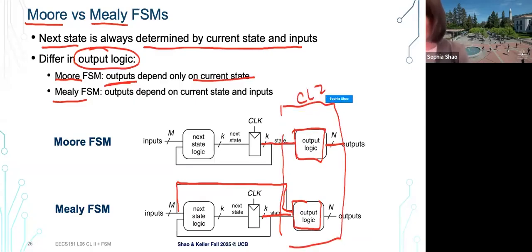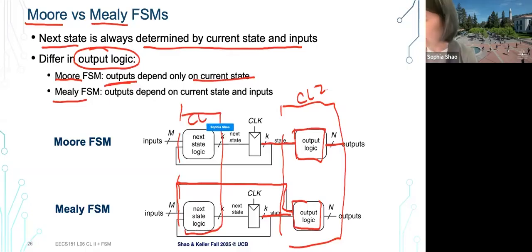I mentioned there are two combinational logic. The combinational logic for the next state is always the same: the current state and the input help me determine where I want to go next. So that is always consistent. The key difference for those two styles is really the output, how we process my signal to the downstream component, whether it only depends on the current state, or it is a function of both the current state and the input.